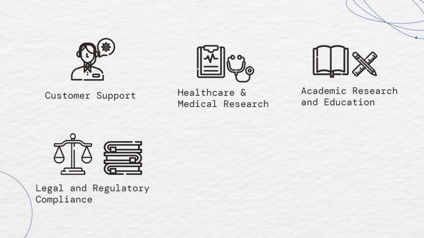RAG assists legal professionals by retrieving pertinent case laws, statutes, and legal documents and generating comprehensive summaries for them. This would greatly reduce the time and effort the legal professionals would otherwise need to spend researching all the legal documents in order to retrieve information. So it would improve the efficiency and accuracy of legal research, ensuring compliance with current laws and regulations.